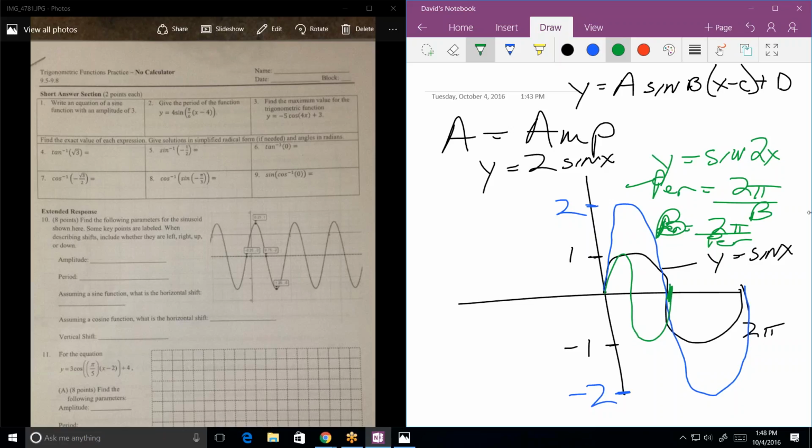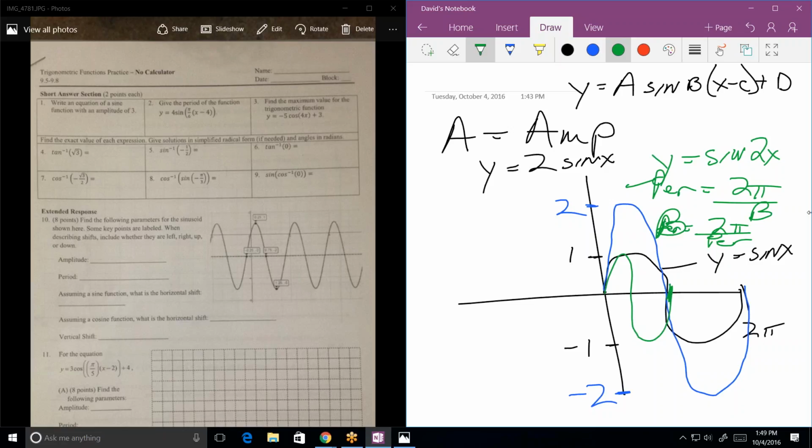Not a stretch factor, but a scrunch factor. In other words, it reduces the period. The period is normally 2 pi on the sine or cosine function, but because b is now 2, the period becomes pi, which means you have to be able to draw one full cycle of the function in the period.